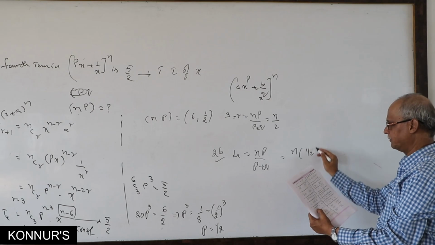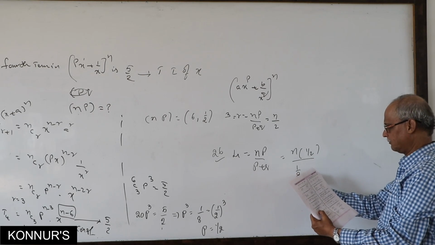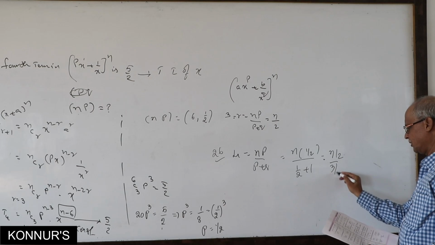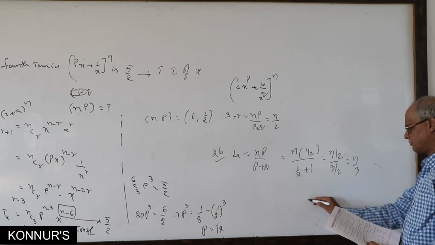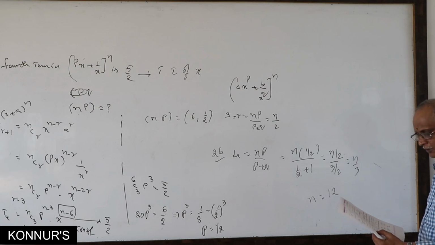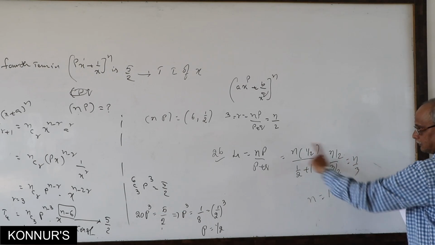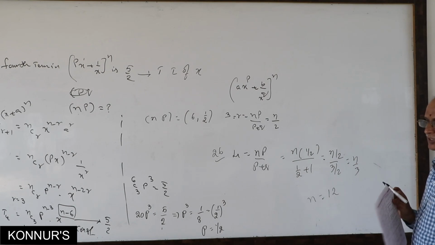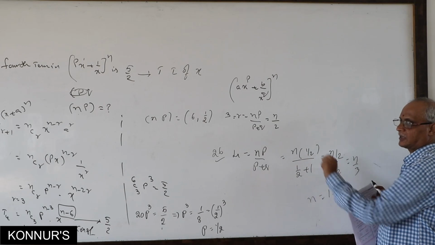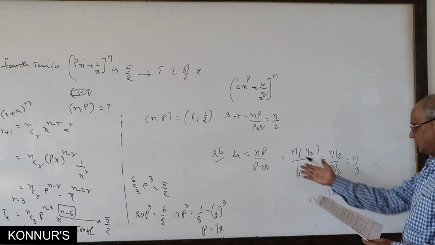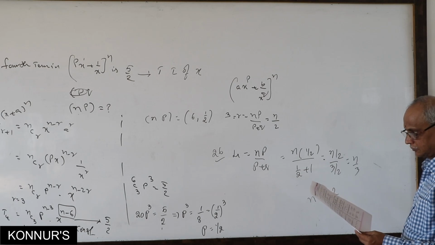P is given half, by half plus 1, 3 by 2. N by 2 by 3 by 2 is how much? N by 3. Cross multiply 3 into 4. Answer over. He is asking n value 12. This is what? Purely your presence and then formula strikes, calculation will be speed. So he is asking only n. This is 26.